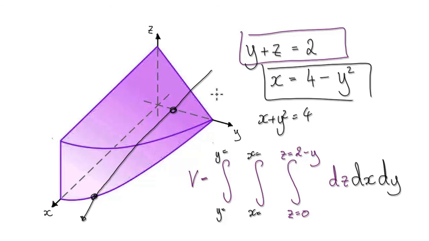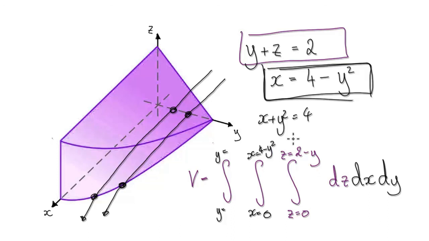So now it's nice and clean because x is the subject. So this would be 4 minus y squared. We don't need to be dealing with square roots when we come to integrate.